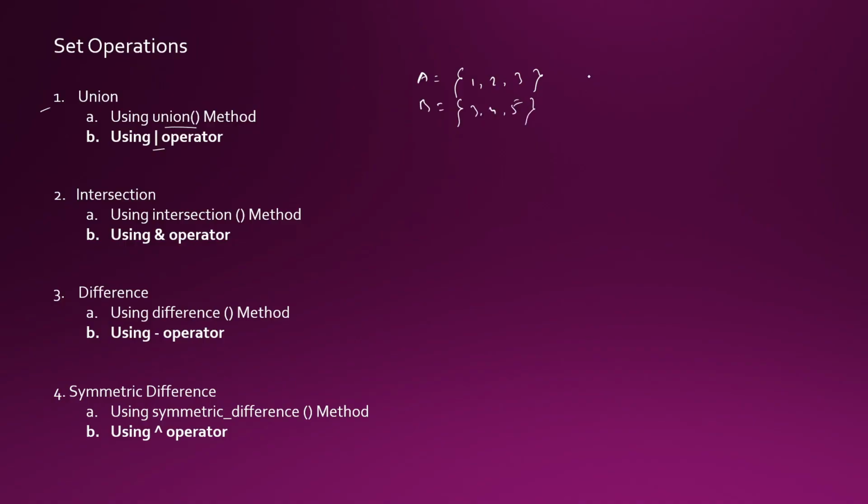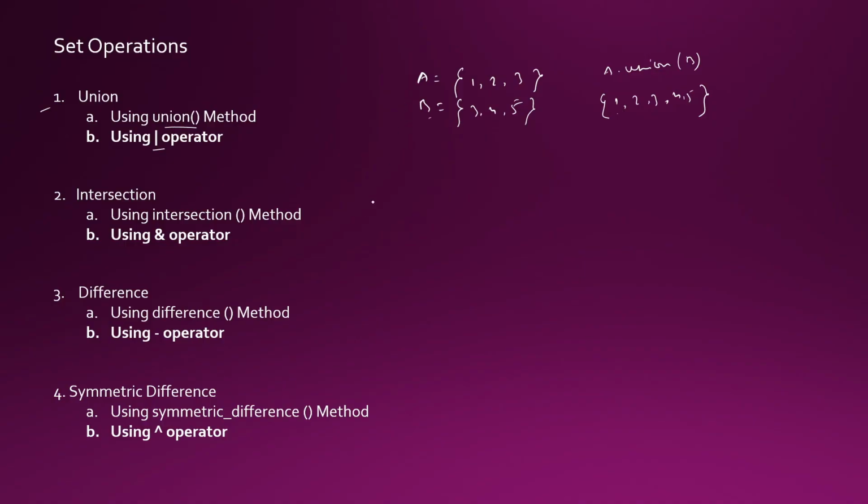Now if we perform A dot union B, then it will give me the answer 1, 2, 3, 4 and 5. So basically all the unique elements from both sets, whatever is present in both sets.